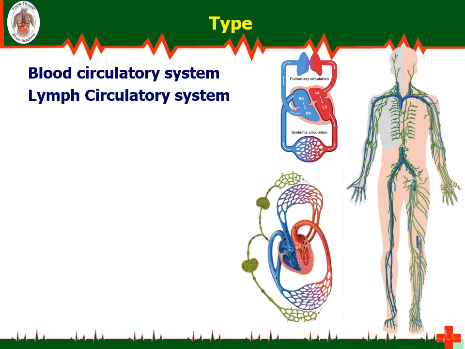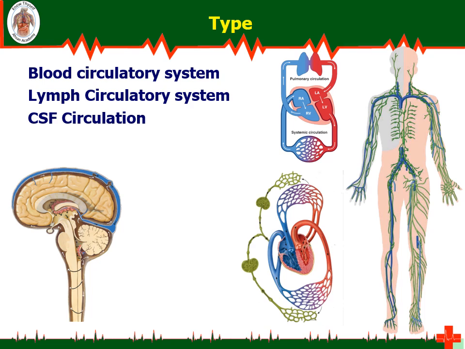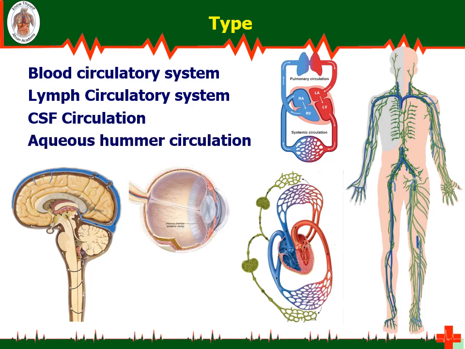This lymphatic circulatory system starts in the tissue, collects the lymph, and returns it back to the blood again. Besides this, cerebrospinal fluid is around and inside the brain and circulates within a limited area.